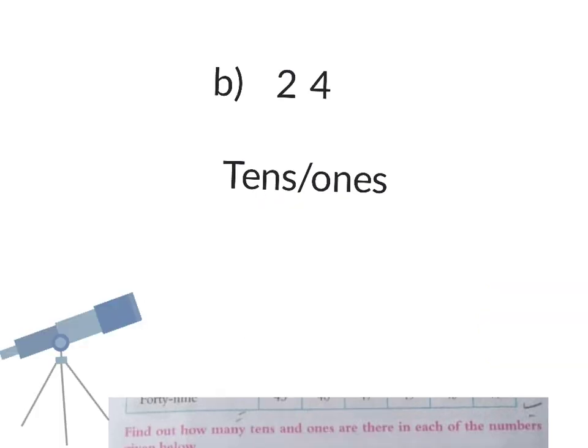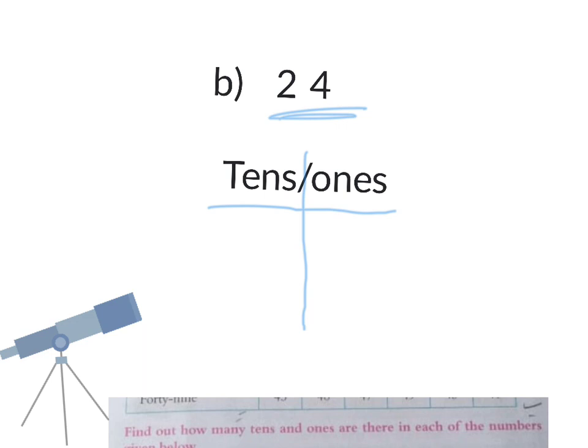Now we will do part B, which is 24. 24 is a two-digit number. We have to find out tens and ones in this number. First, we will see the place value chart. So here, this is the place value chart, ones, tens. Here we have only two digits, so we will go only ones and tens.